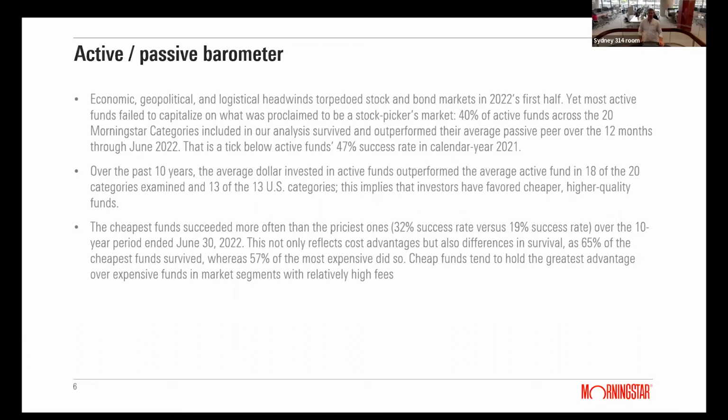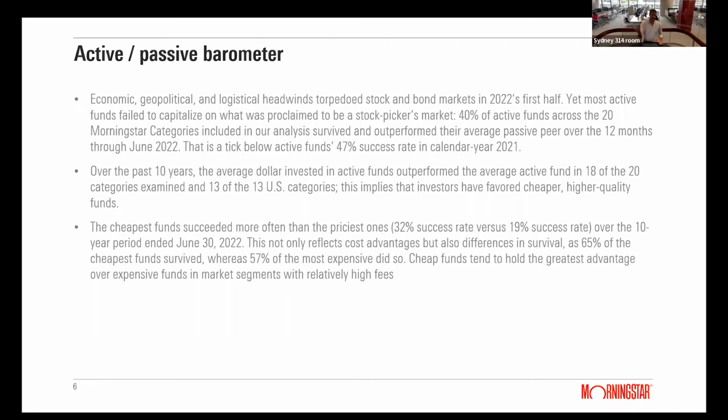The other thing to note, and this is publicized a lot, is that if we go back and look at active management and the dollar return versus the fund return, the dollar return has done pretty well.